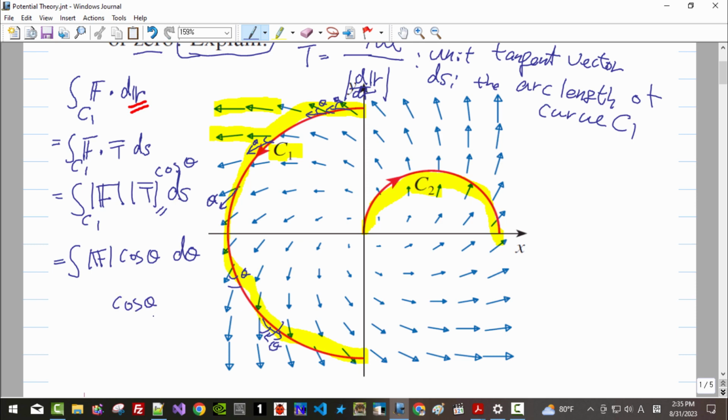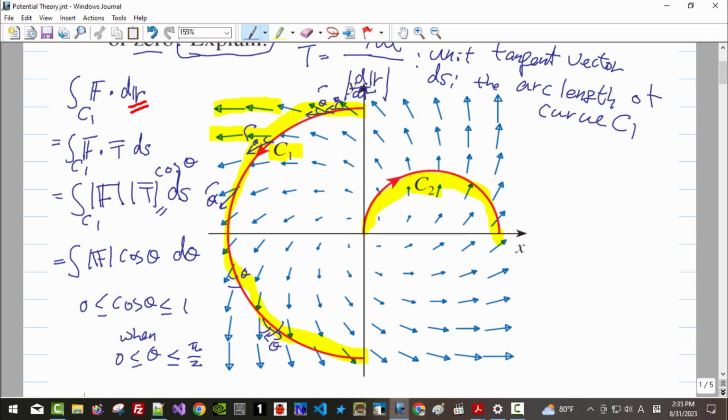Cosine theta is greater than 0, less than 1, when theta is greater than 0, less than pi over 2.